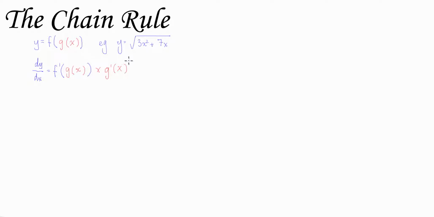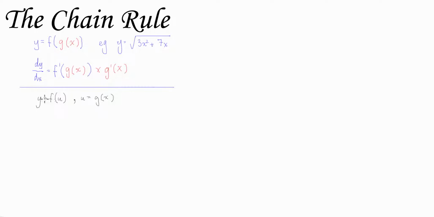Another way of writing the chain rule, which I'm just throwing out there in case you go, well, hang on a second, I didn't learn it that way, is this. Sometimes they break this composite function down by writing y as a function of u, and u is equal to a function of x.